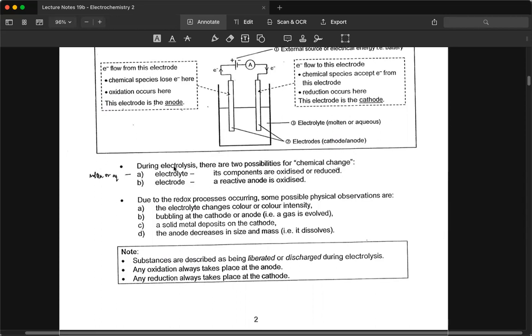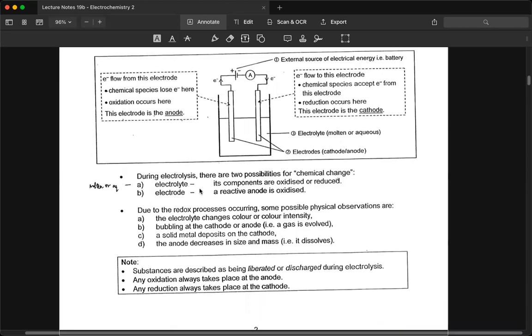During electrolysis, there are two possibilities for chemical change. The components of the electrolyte are oxidized or reduced. The electrode, if we are using a reactive anode, will be oxidized.